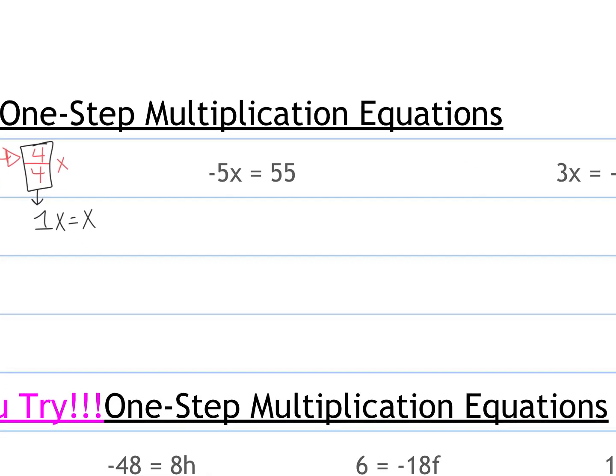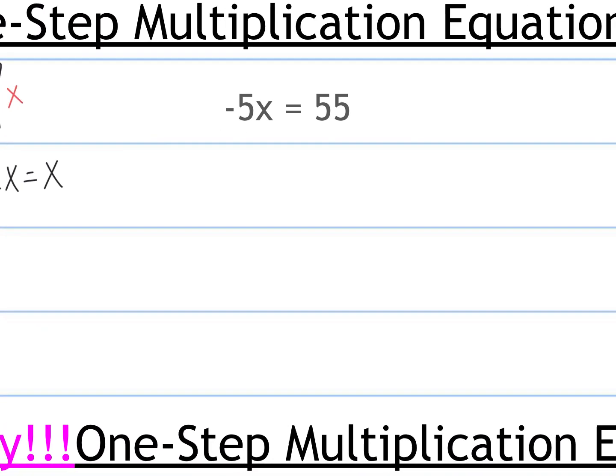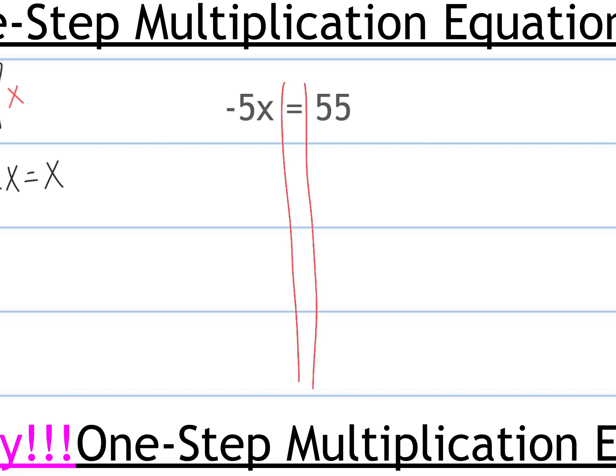All right, next one: negative 5x equals 55. So we're going to do our train tracks. x is being multiplied by negative 5, so that means we are dividing by negative 5. We keep the negative sign with the 5. Negative 5 divided by negative 5 is 1, so we just have x.